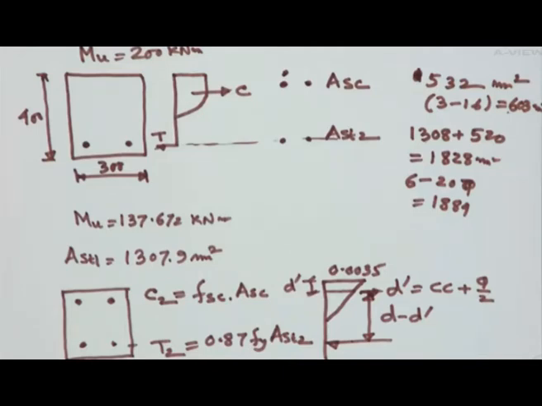So for 16 millimeter dia bar it is 201, for 20 millimeter dia bar it is 314. I can use 314 into 2, which is 628, whereas with 3 bars of 16 that I have provided, it is only 603, which is very close to the actual value.